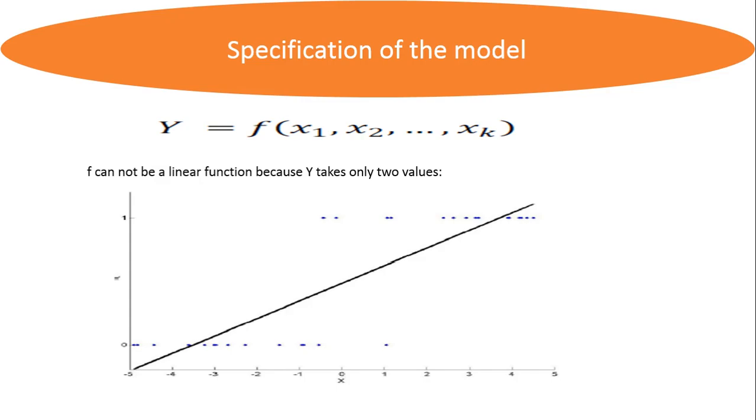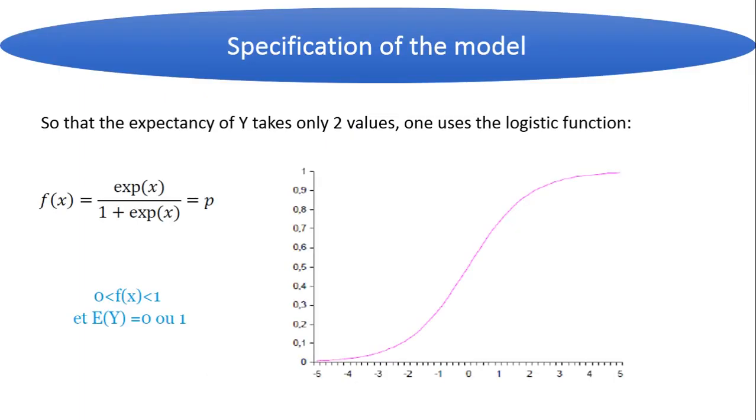Linear function is not appropriate in this kind of situation if you need to explain your main variable that is binary in function of many other variables, even if they are only quantitative. So we need to search for a functional relationship that cannot be linear.